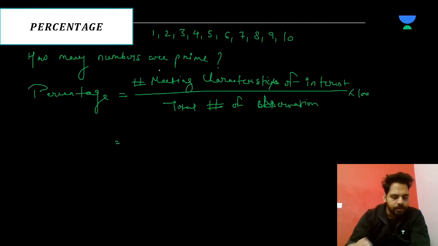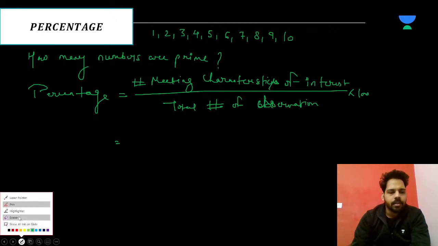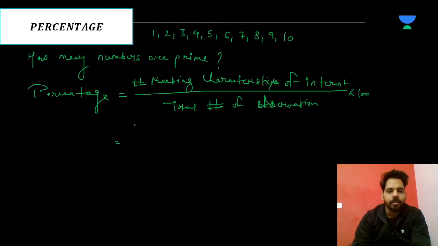So basically what is a prime number? Just write in the chat box. See, the number which has only two factors is known as a prime number. So here 2 has two factors, one and itself, and 3 has two factors, one and itself, 5 one and itself, and 7 one and itself.